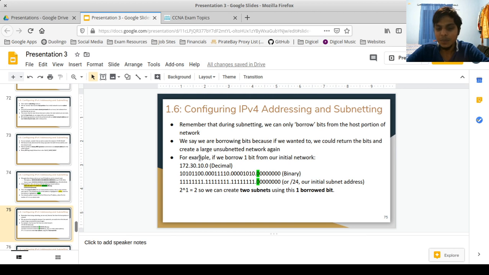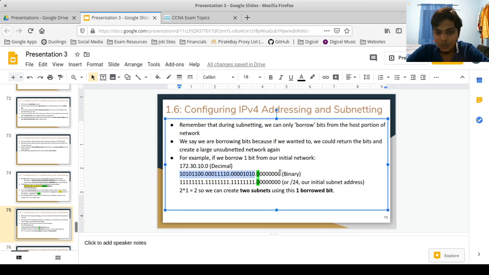So for example, if we borrow 1 bit from our initial network, you see this is our initial network, this was the network portion, this is the host portion, and we can only borrow from the host portion. So we start from here. We can't mess with anything we see as ones in the subnet mask. So we borrow 1 bit from the first bit in the host portion.